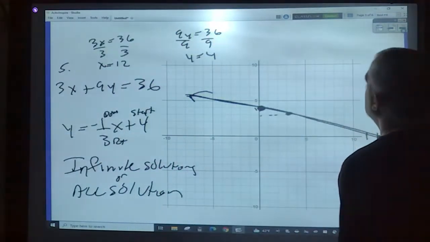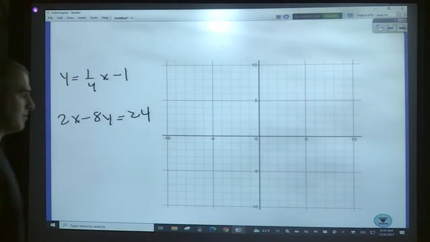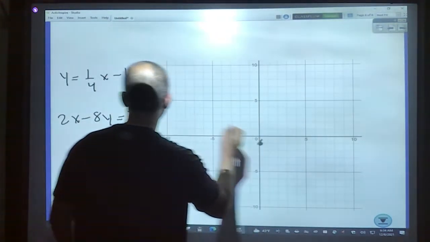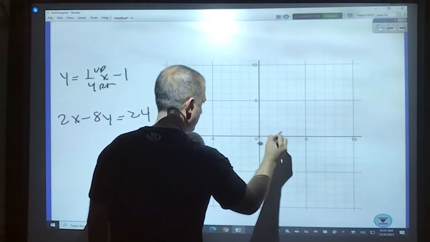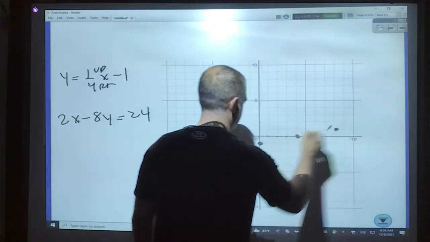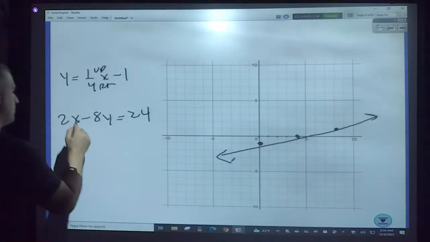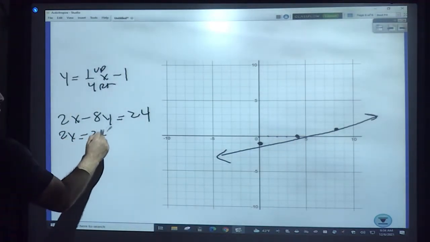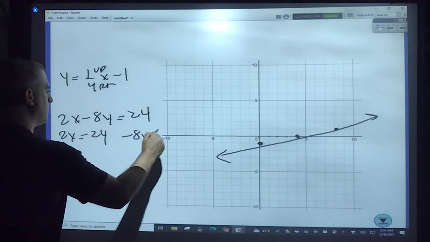All right, and then let's do one more. I got this one. I would start at negative 1. Then this means 1 up, 4 right. So 1 up, 1, 2, 3, 4 right. This one I would do 2x equals 24. I got negative 8, and then negative 8y equals 24.